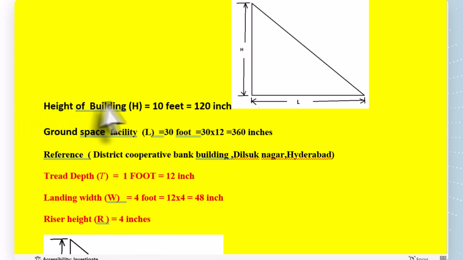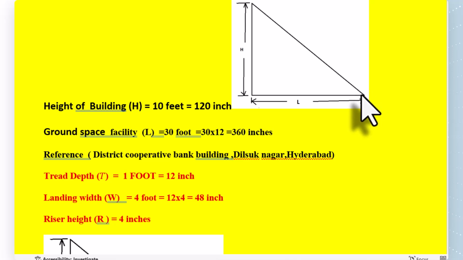Here the height of the building we call H, and we have taken it as 10 feet, which converts to 120 inches. Similarly, the ground space facility L we take as 30 feet, that is 30 into 12, which becomes 360 inches.